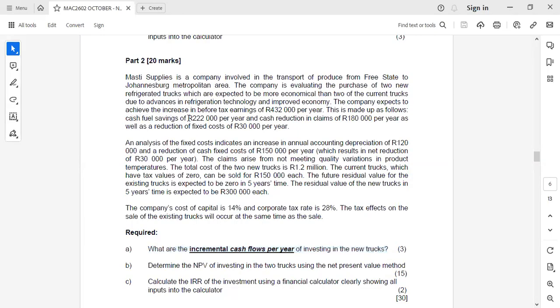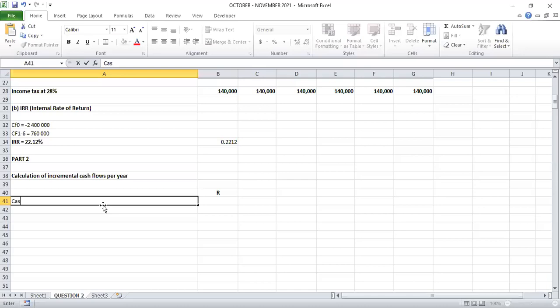There is cash fuel savings of 222,000. So we have cash fuel savings. If it's a saving, it's positive. 222,000. Right.